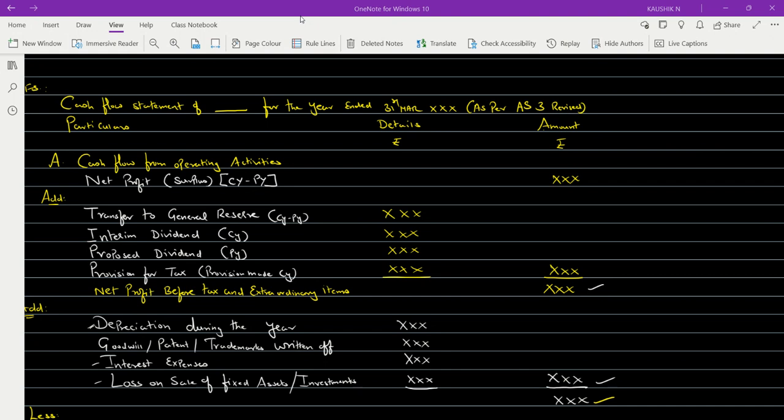With this, you need to add opening cash and bank balance. That means cash in hand and cash at bank. In addition to that, you'll also add the value of opening marketable securities.